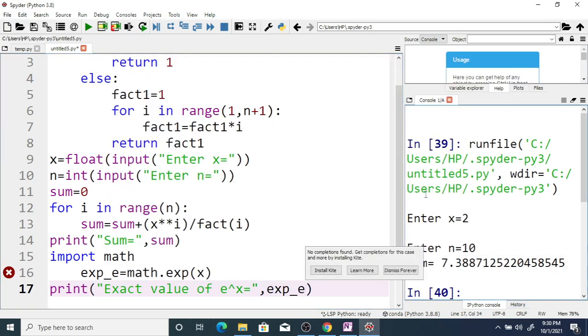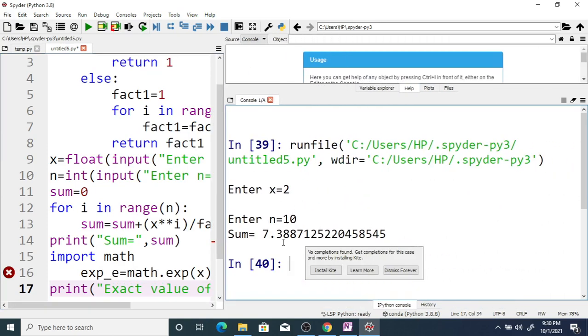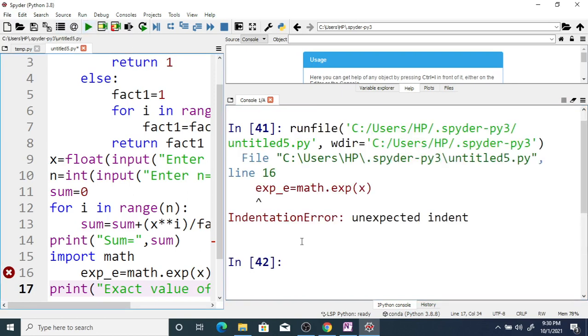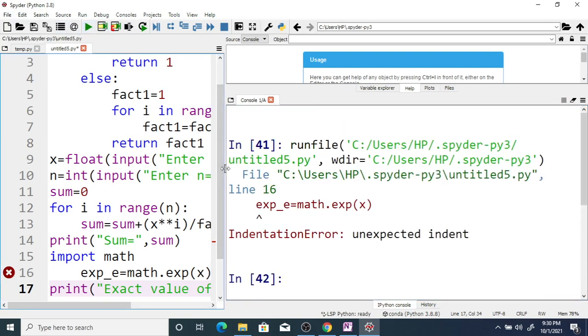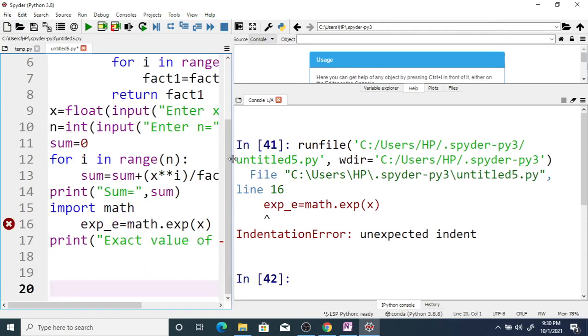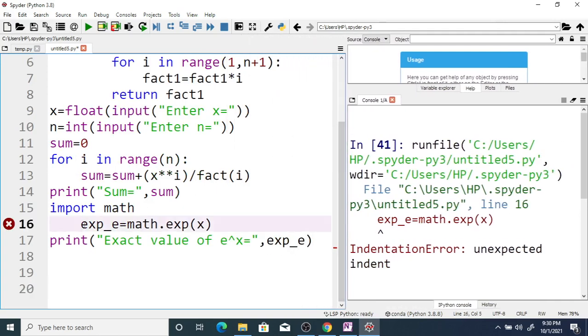So if you run this one more time, there is one error: unexpected indent.